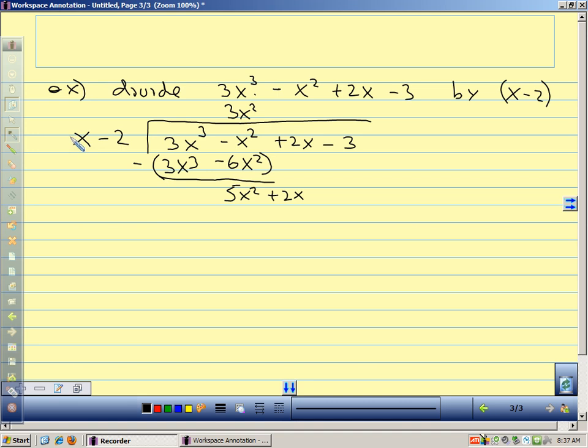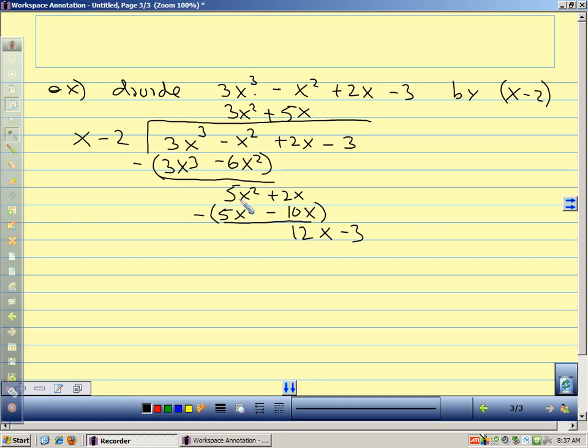Now I say, what do I have to multiply x by to get 5x squared? So I have to multiply by 5x. So I write that up top. Now I multiply. 5x times negative 2 is negative 10x, and 5x times x is 5x squared. Subtract. 2x minus negative 10x, 12x. Bring down the minus 3.